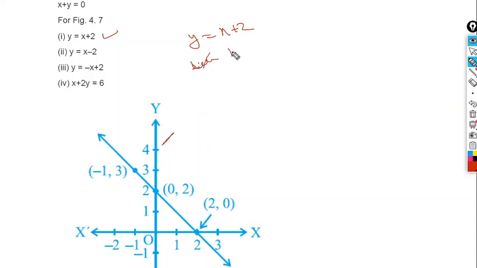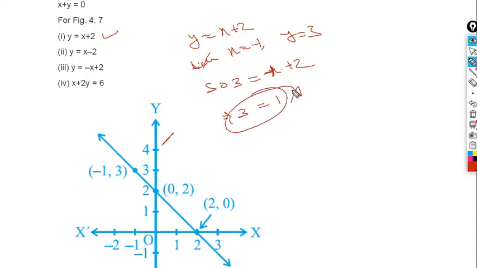Here x equal to minus 1, y equal to 3. So 3 equal to x plus 2, x is minus 1, so minus 1 plus 2 implies 3 equal to minus 1 plus 2, which is 1. 3 equal to 1 is wrong, so the equation is not valid or satisfying.